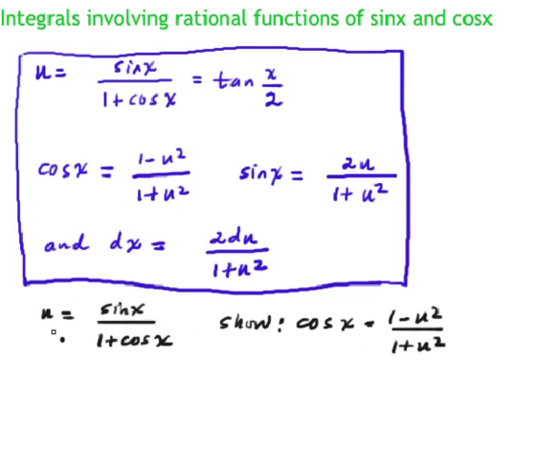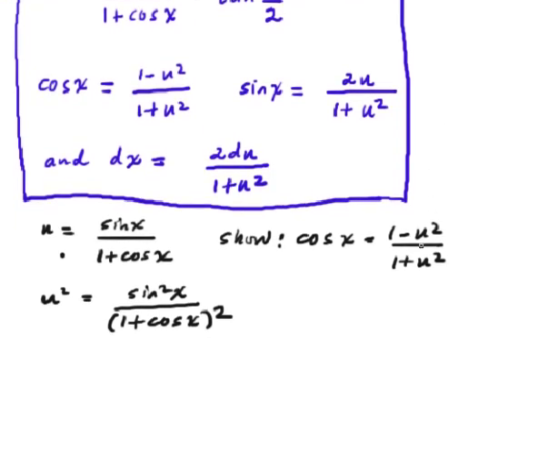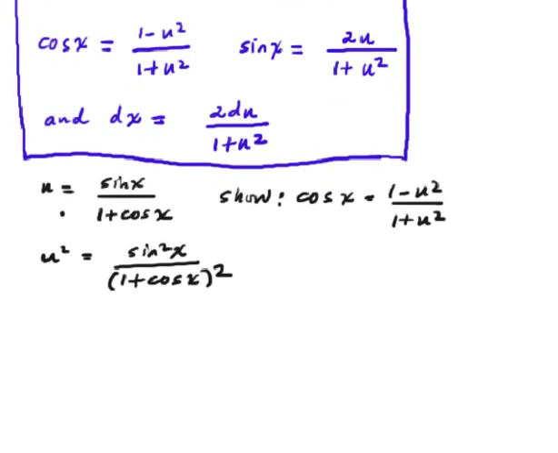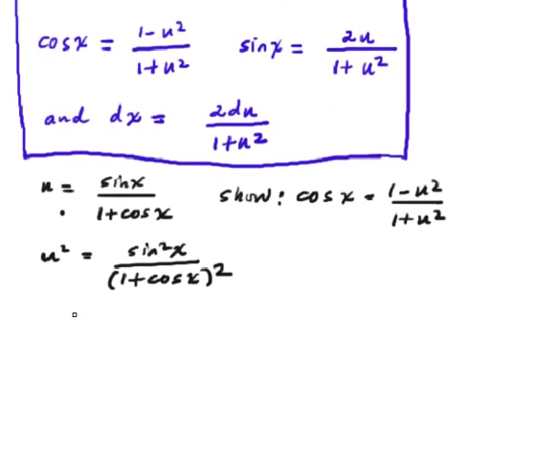First, square both sides of this equation, and we have u squared equal to sine squared x over 1 plus cos x squared. Now replace sine squared x with 1 minus cos squared x.